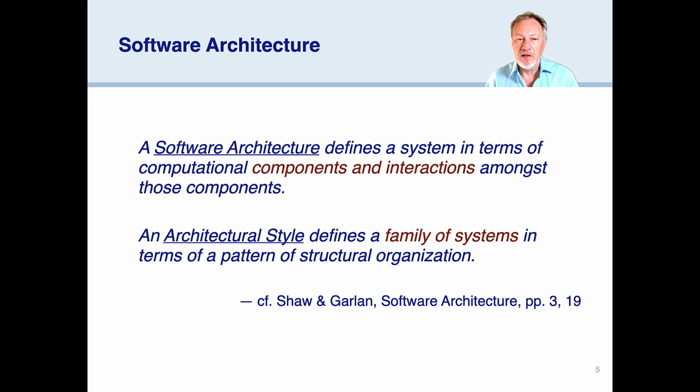They also speak in terms of architectural styles. Just like we speak of architectural styles for buildings, we can think of architectural styles for software. Whereas Buschmann and colleagues would talk about architectural patterns, we can also talk about styles. So these are the classical or stereotypical ways in which we organize software systems from a concurrency perspective.